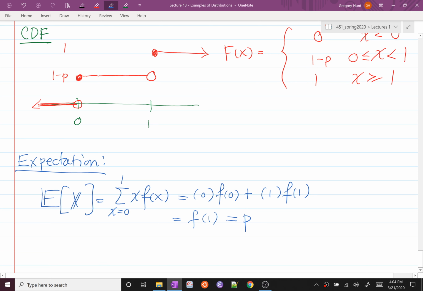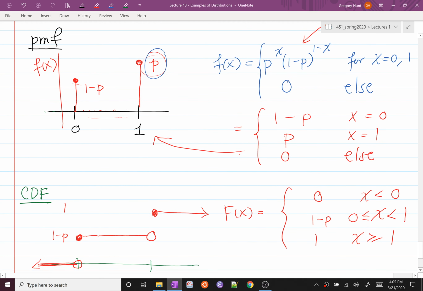So if I tell you my p is equal to 0.5, let's say I flip a coin. Let's say it's 1 if it comes up heads, 0 if it comes up tails. What's my expected value? Well, it's 0.5. I'll get 0.5 heads on one flip, right? So expected values don't have to fall into the support. You can never, of course, get 0.5 heads with one flip. But if I look at the balancing point of this distribution, it's going to fall somewhere between 0 and 1.